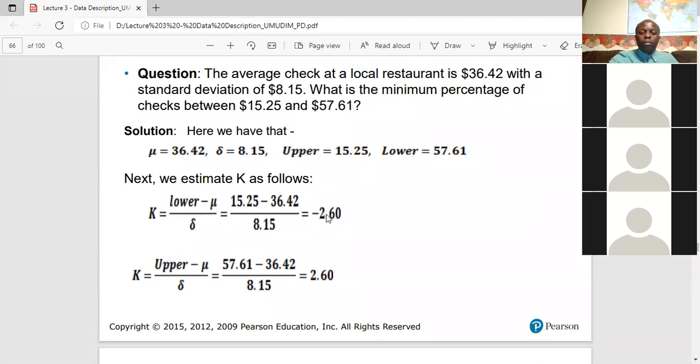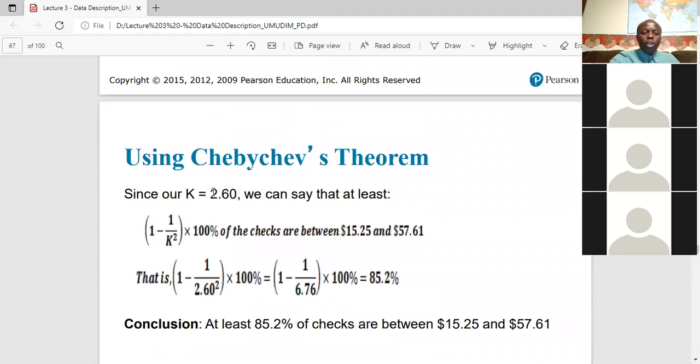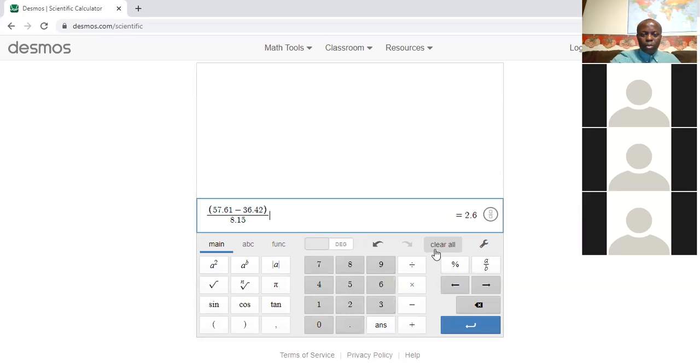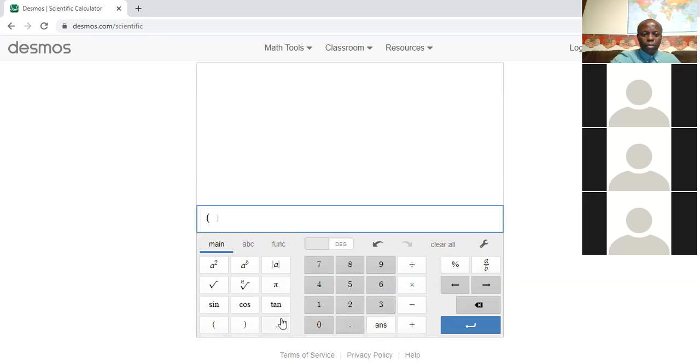So like I said, if it's a negative, it's just to tell it's on the left side. So using K equals 2.6, we plug it into this formula for Chebyshev. If you remember, 1 minus 1 over K squared times 100%. So plugging it in, we have 1 minus 1 over K squared.